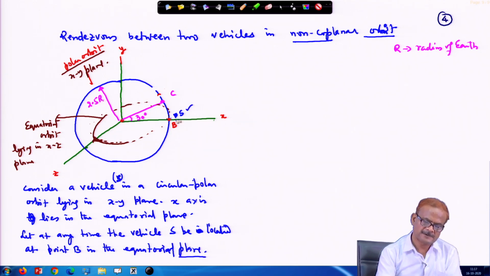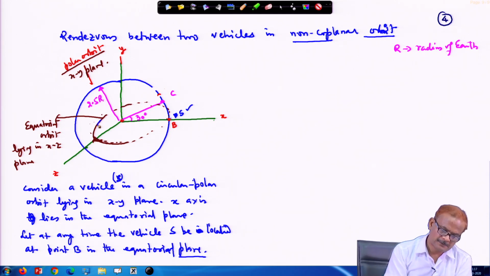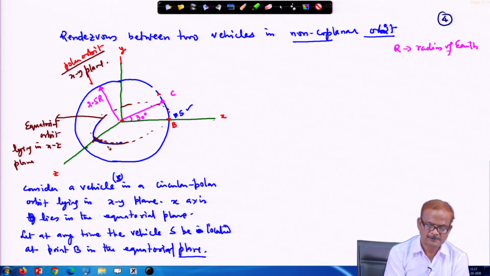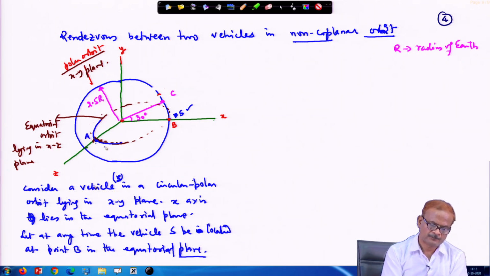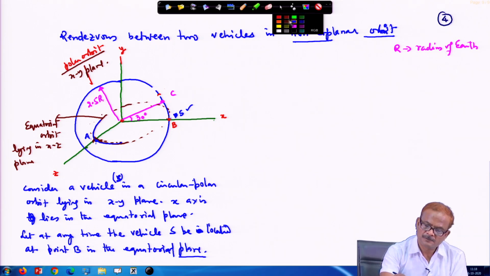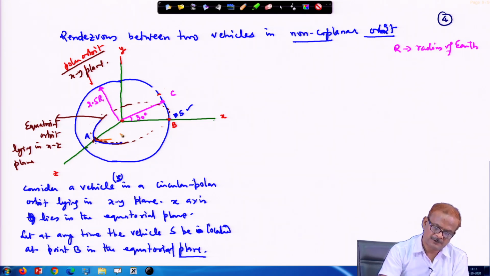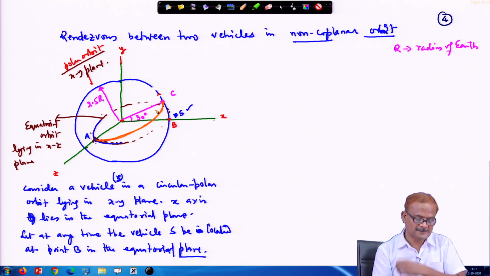So, your vehicle S is lying here at point B, and there is another satellite moving in this equatorial orbit. Here is its perigee position, which we write as A. We have to decide an orbit such that if I give an impulse along this orbit at point A, it goes and catches B at C. This is what is required.